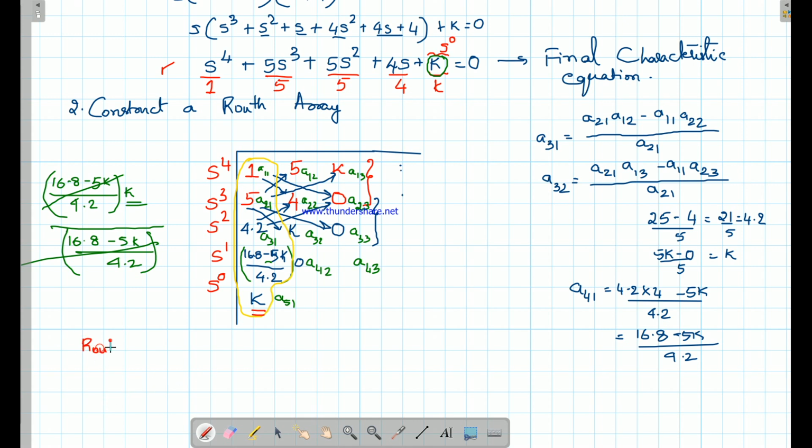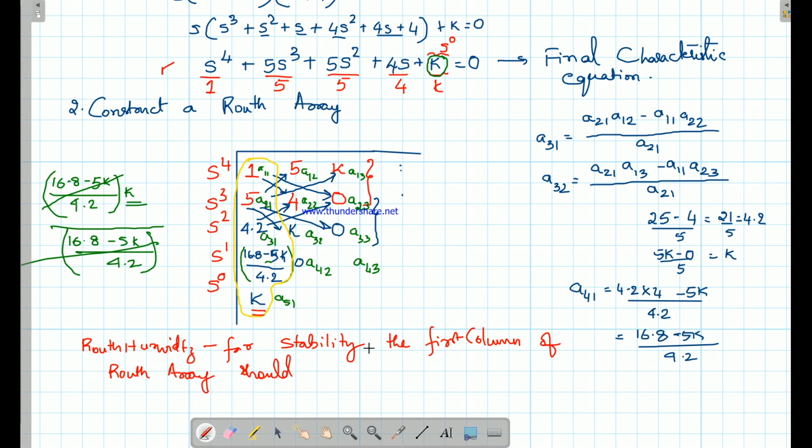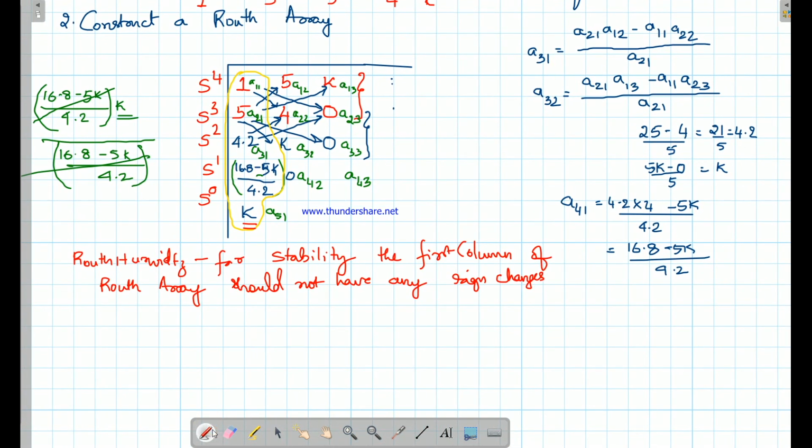The Routh-Hurwitz criteria says, for stability, the first column of the Routh array should not have any sign changes.